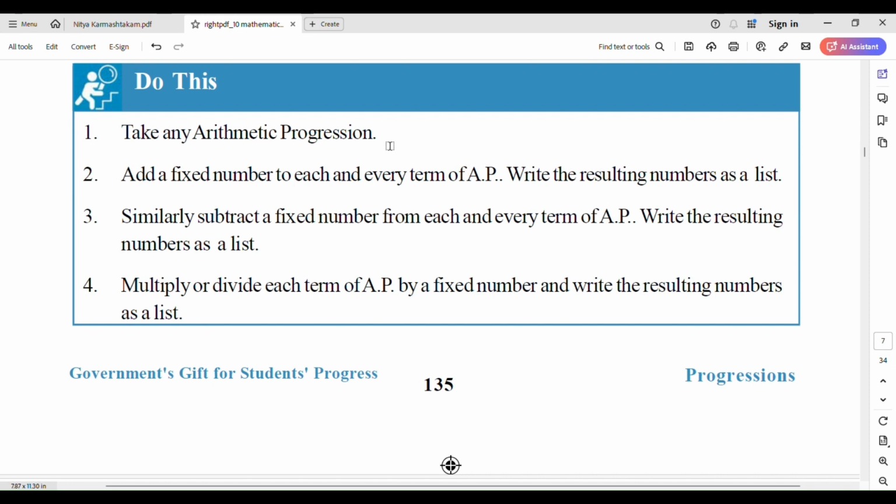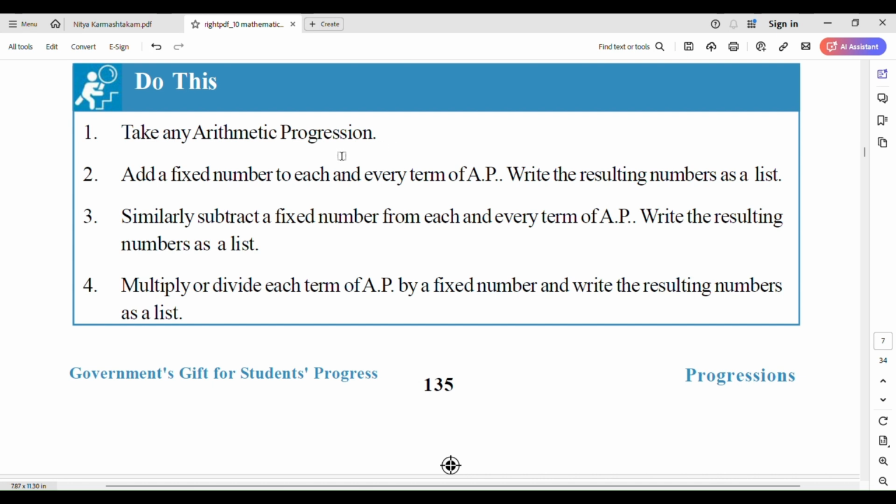You add 1 to each term, so it becomes 2, 3, 4, 5, 6, 7, and so on. You just don't have 1. Which means it is still an arithmetic progression, but the initial number is different.